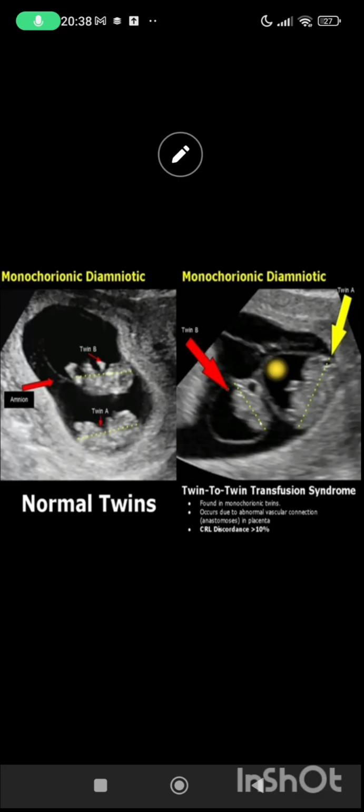It's like there are two straws and one straw is a little too strong and starts pulling more juice, and the other gets less. So there is unequal division of the blood supply and nutrients. That is the main problem here. One twin keeps donating blood to the other through connecting vessels in the placenta. And what is the result of it? Anyone?